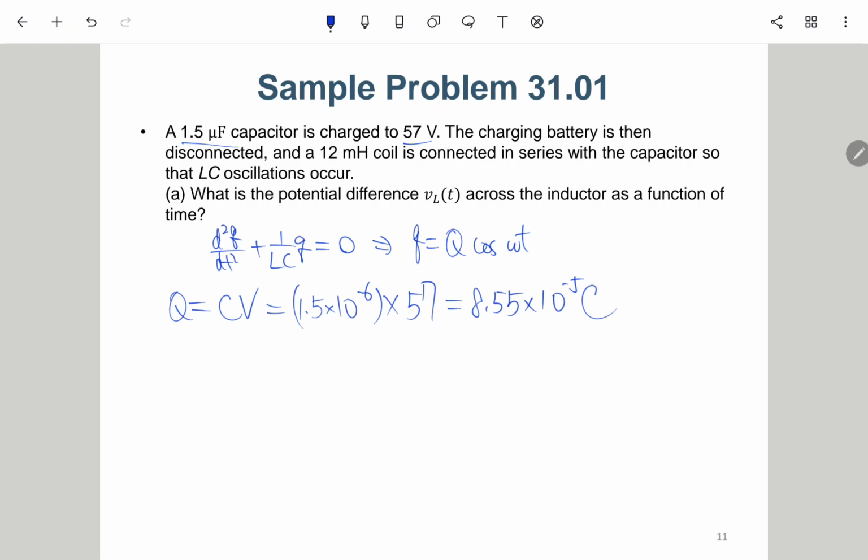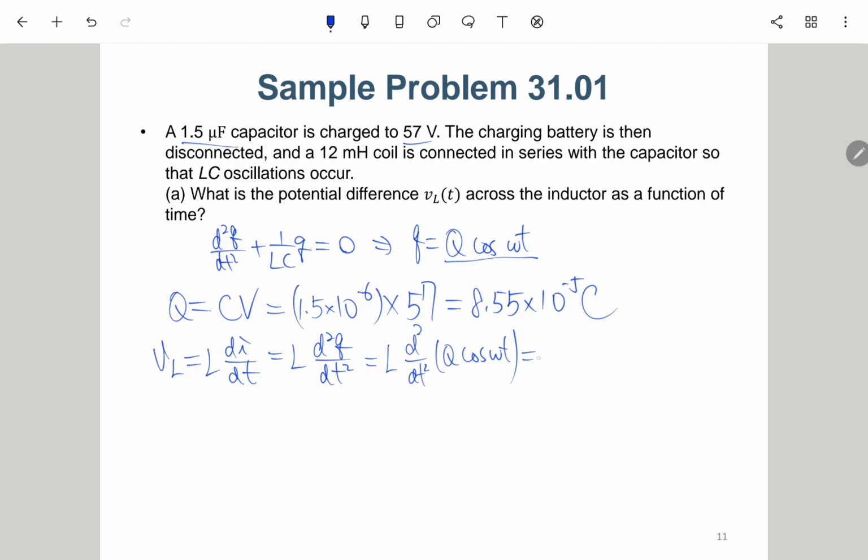Okay, so here we have VL equals L di/dt, and this I is actually the derivative of Q. So we have the second derivative of Q with respect to time. In such a way, we can just plug in this expression. So here we have L d2/dt2 of Q cosine of omega t.